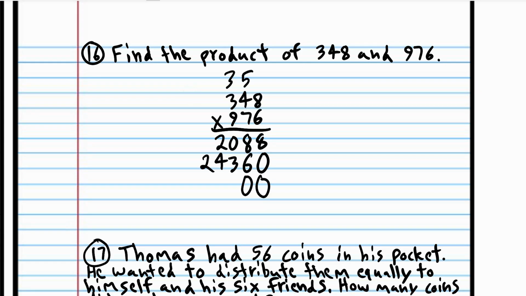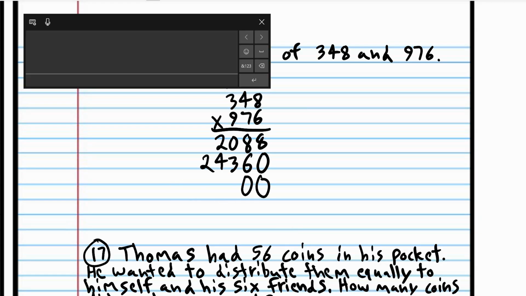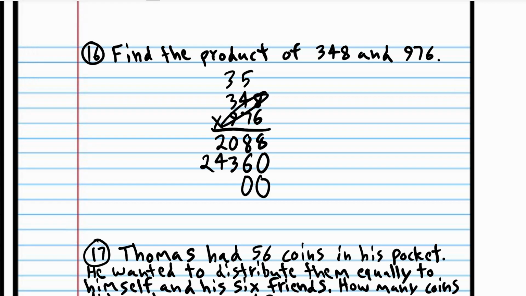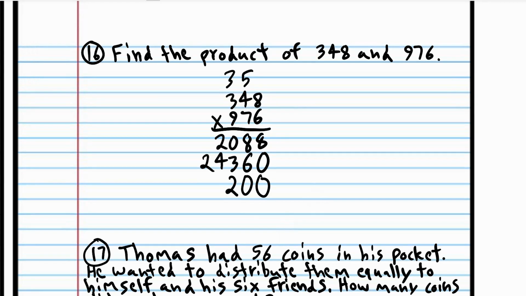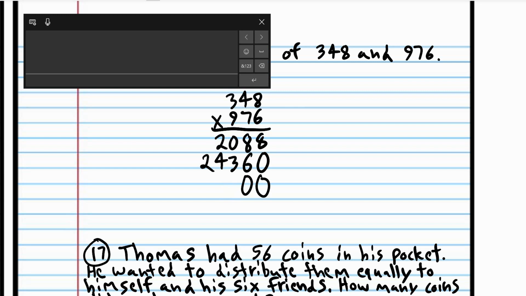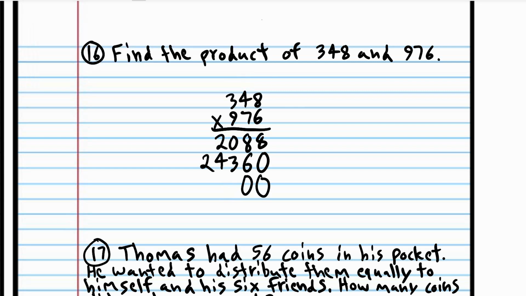All right, so now we move on to the 9. So this was multiplying 6 by everything. This was multiplying 7 by everything. And this is going to be multiplying 9 by everything, this row. So 9 times 8 is 72. Put the 2, carry the, oh, we forgot to erase these numbers that we carried.